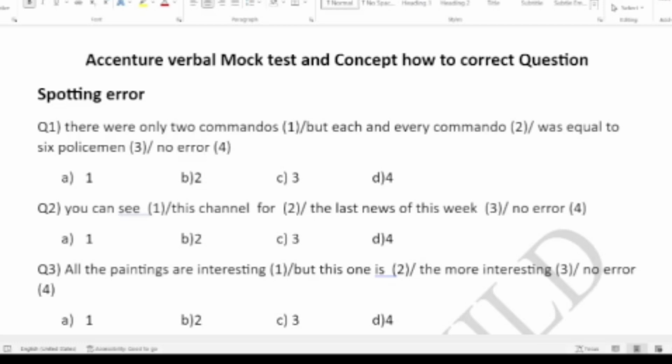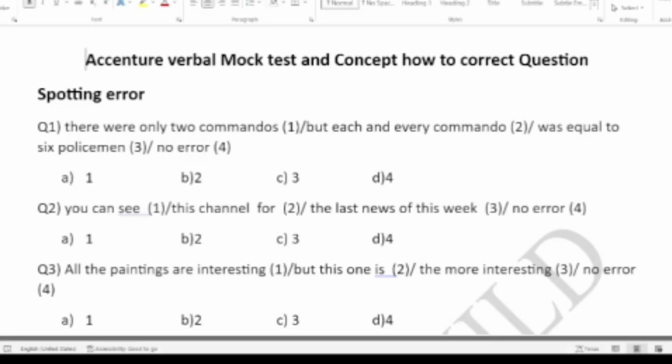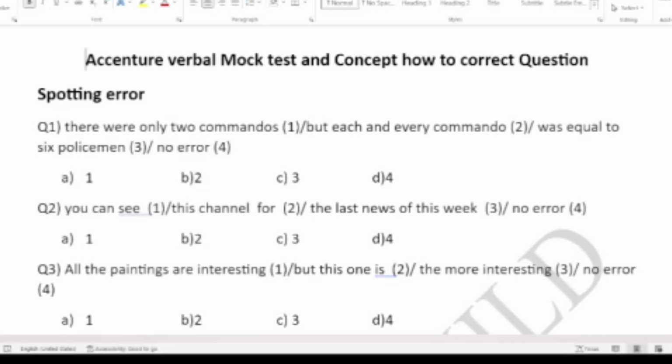For solving spotting errors questions, we basically find the error in a part of the sentence. In this type of question, we are given four parts of a sentence, and our responsibility is to tell in which part the error lies. So first we discuss the first sentence: There were only two commandos. This is the first part. And what each and every commando, this is the second part of the sentence, was equal to 6 policemen.